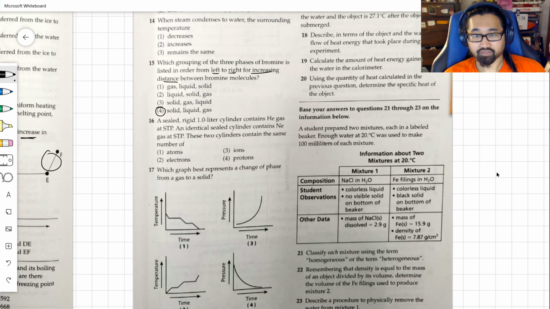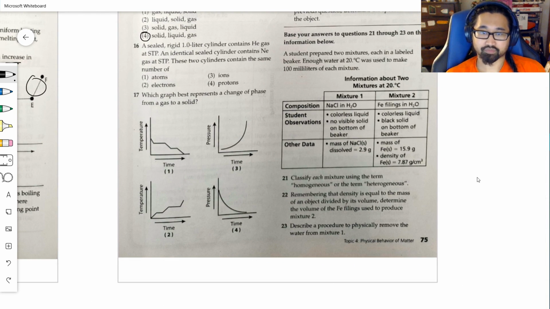And the last 3 questions, so the last 3 on the page. Identify each mixture as homogeneous or heterogeneous. So mixture 1 is a colorless liquid with no visible solid. That's homogeneous. Mixture 2 has a black solid, so I can tell the difference. Heterogeneous.